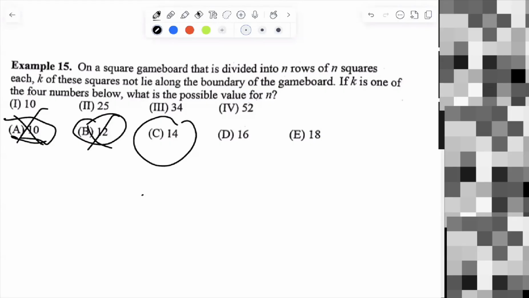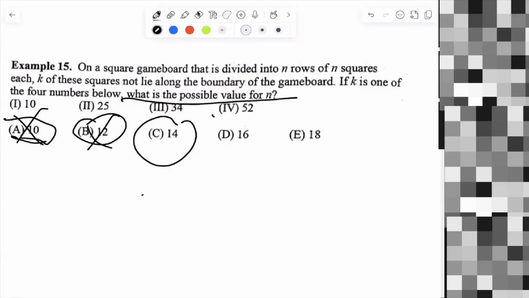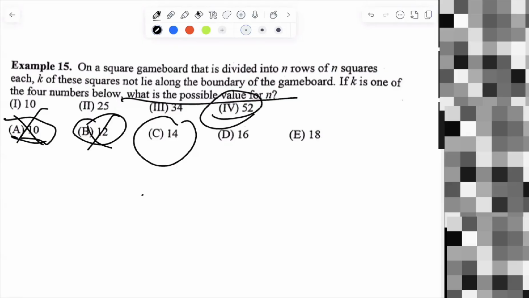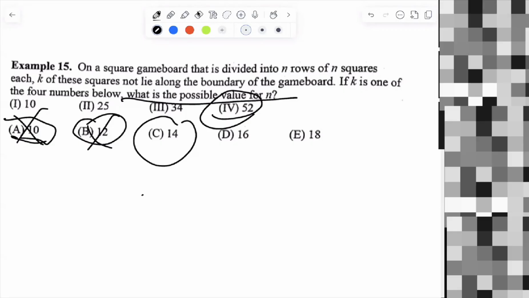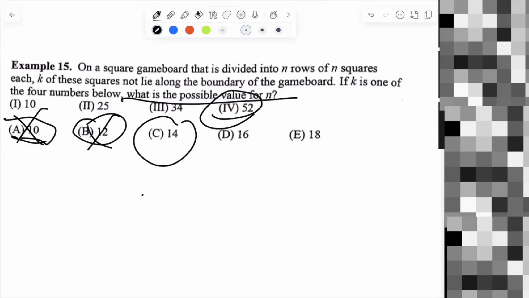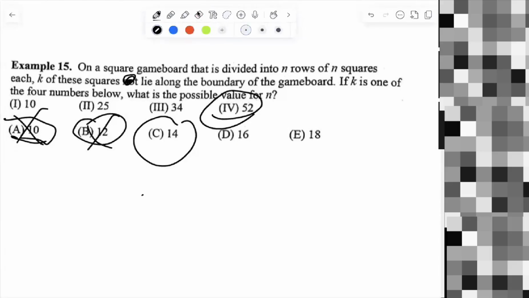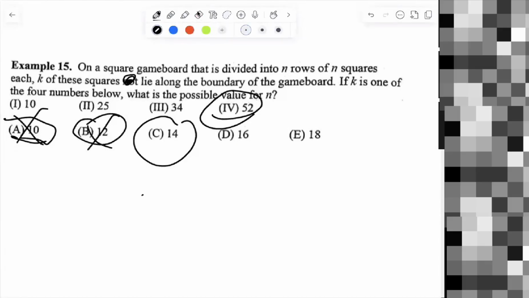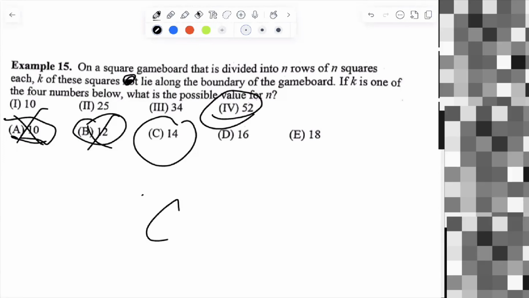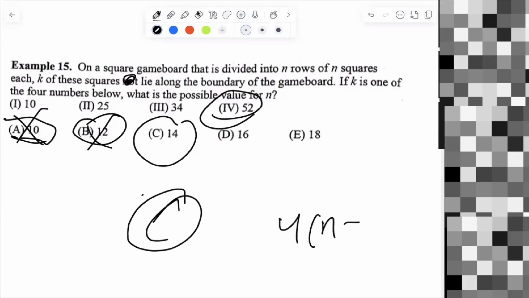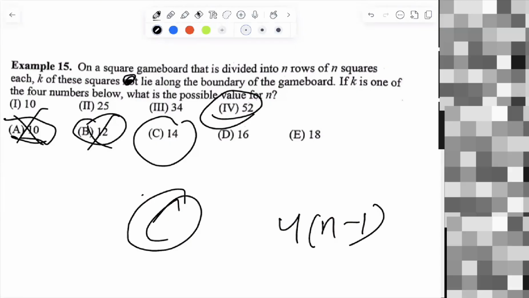Oops. I think they worded it wrong since 52 is not going to be close to 14. So I'm pretty sure they meant to word it as lie along the boundary of the game board. If it was like that, then the answer would be C, since there is a total of 4 times n minus 1 on the boundary.